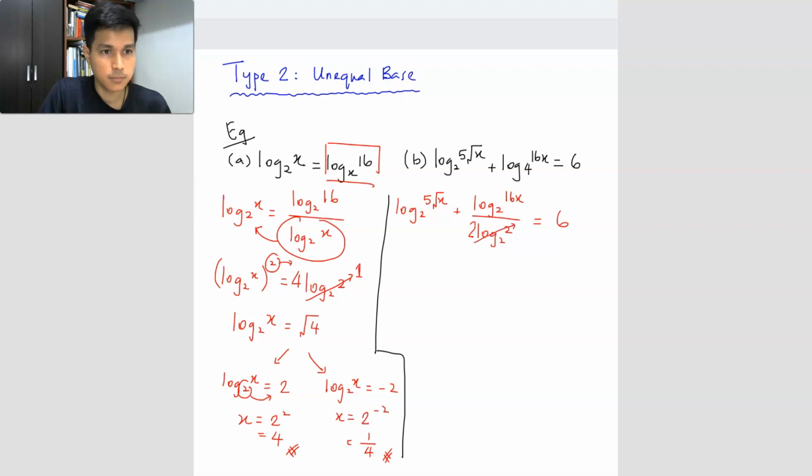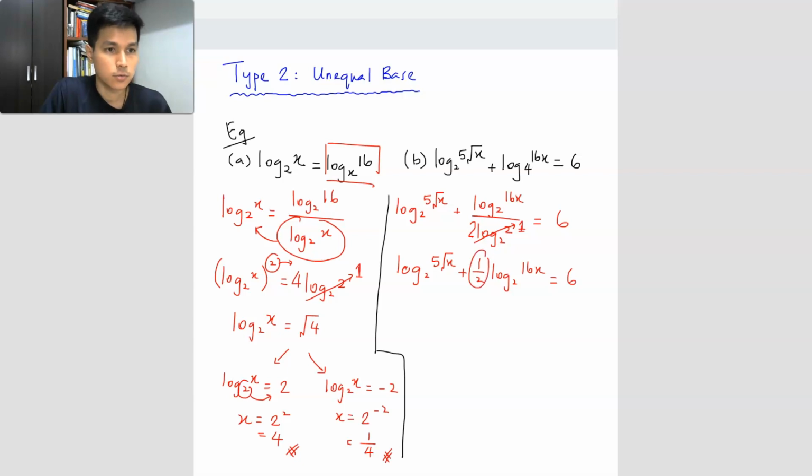So here this one becomes 1. Okay, so what do I have? Now I have log base 2 of 5√x plus 1 over 2 log base 2 of 16x equals to 6.